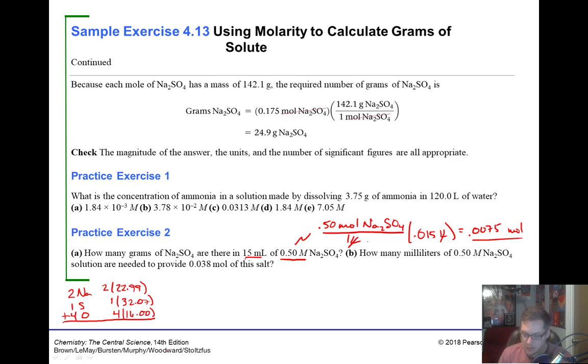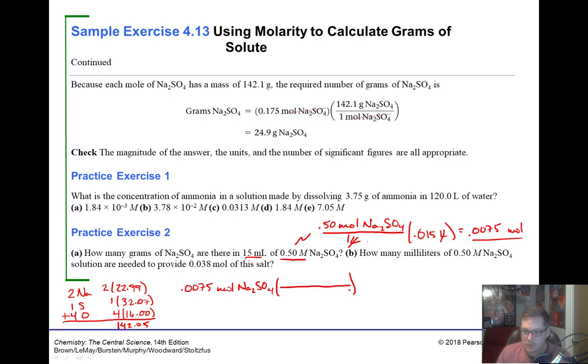So it'd be 2 times 22.99 plus 32.07 plus 4 times 16, which is 142.05.